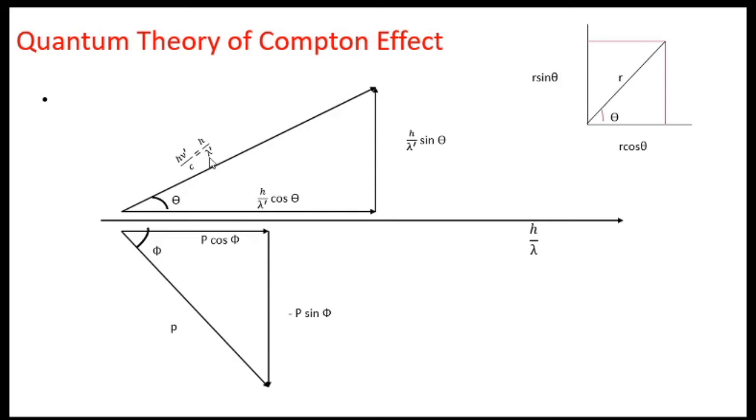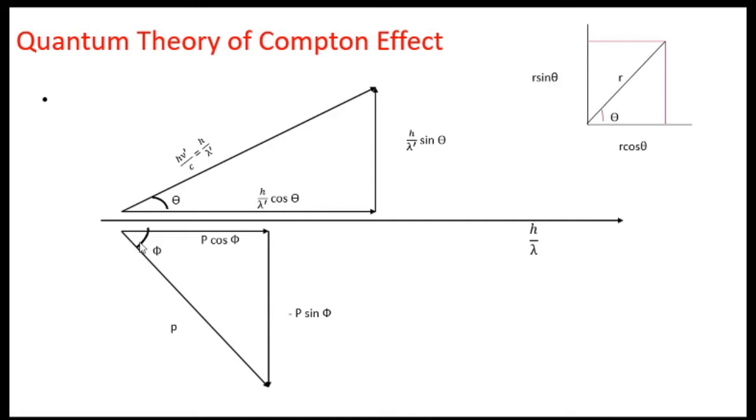So the component of this momentum h upon lambda dash along the x-axis will be h upon lambda dash cos of theta, and its component along the y-axis will be h upon lambda dash sin of theta. By using this concept, by using this figure.